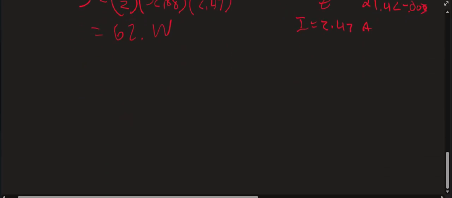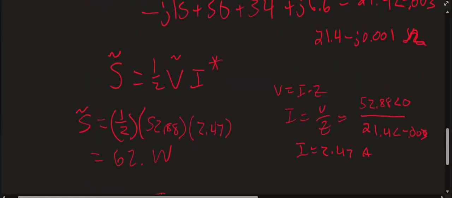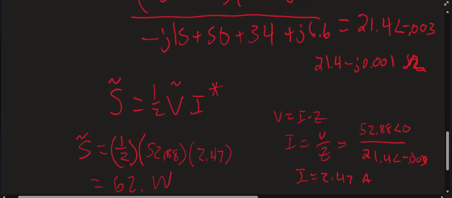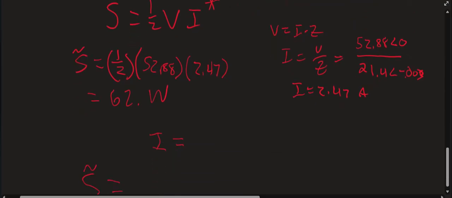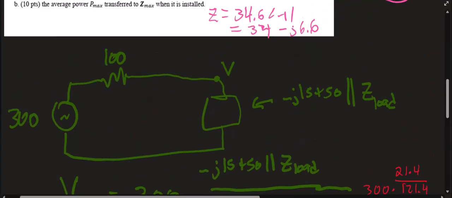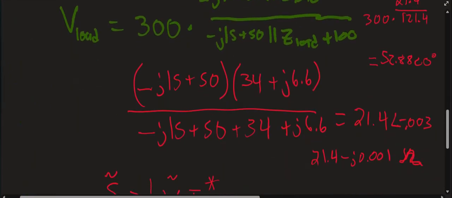But now let's get the power just through the load. For that, we need the current just through the load. So the current through the load is the voltage, which was in volts and not ohms, 52.88, divided by our impedance, the impedance we found, 34 minus J6.6.